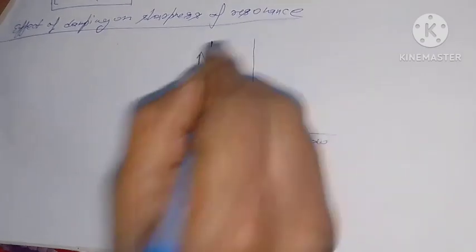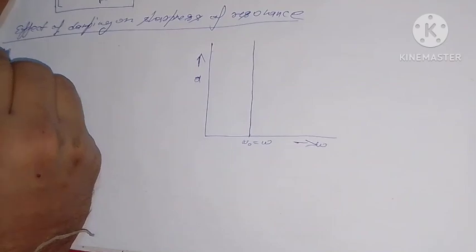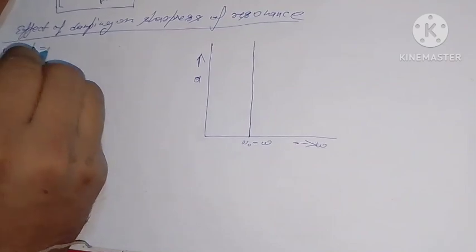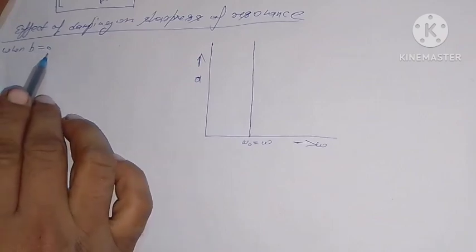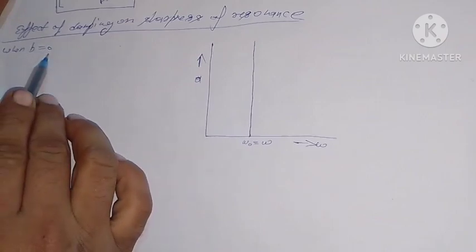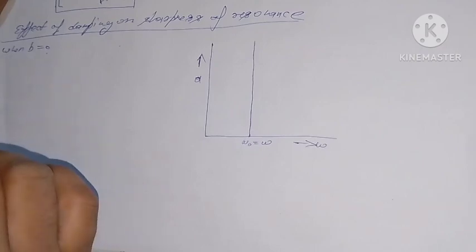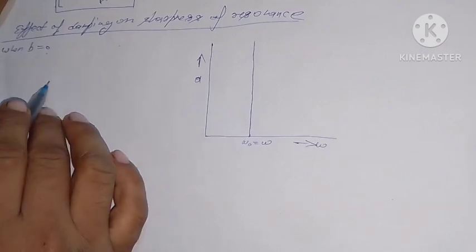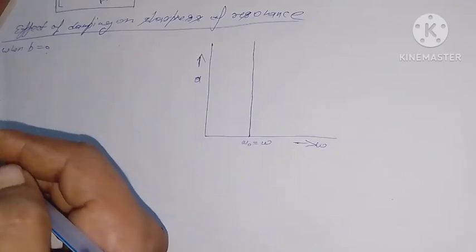This is the resonance condition. When b equal to 0, that means the damping coefficient is 0, then there is no damping. The amplitude at resonance becomes infinite, as shown in the figure.